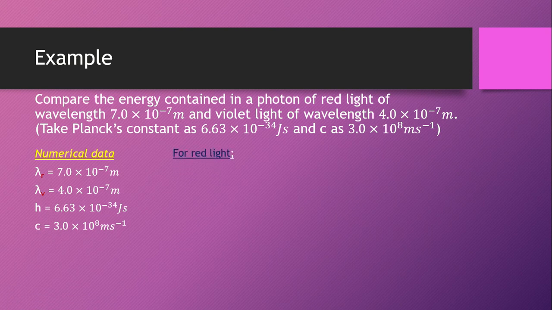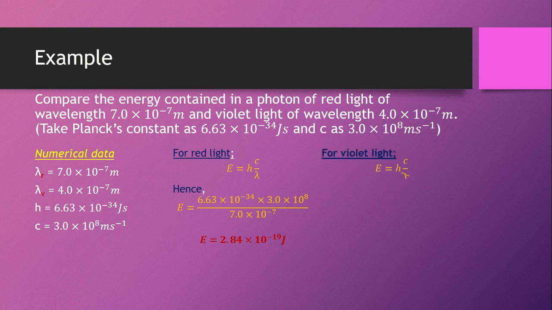So beginning with the red light, E equals that particular formula, the product of Planck's constant and the fraction of speed of light and wavelength. Hence, if I substitute everything correctly, I'll end up with my energy as 2.0 × 10^-19 joules.